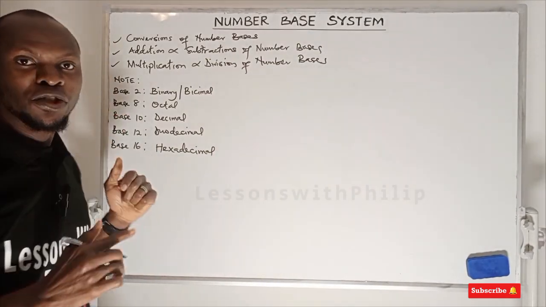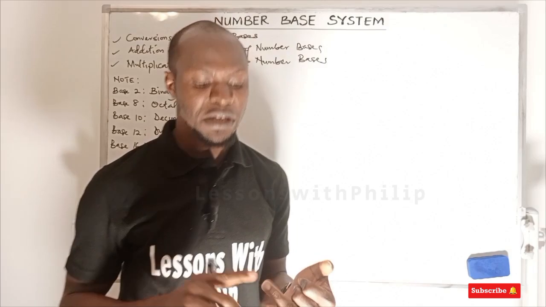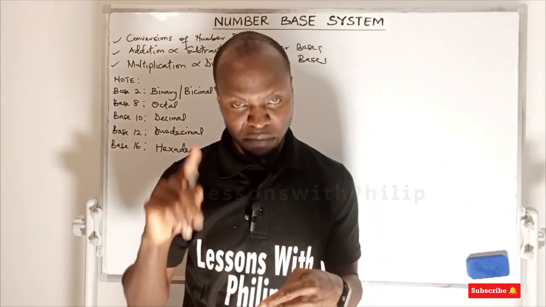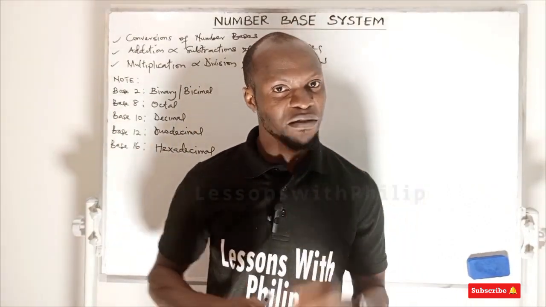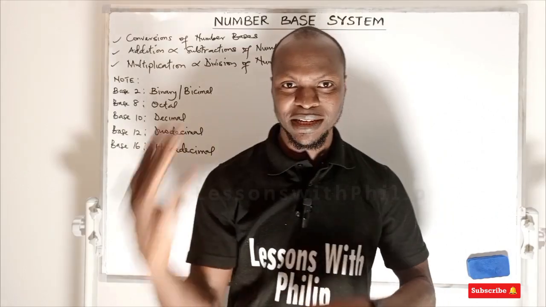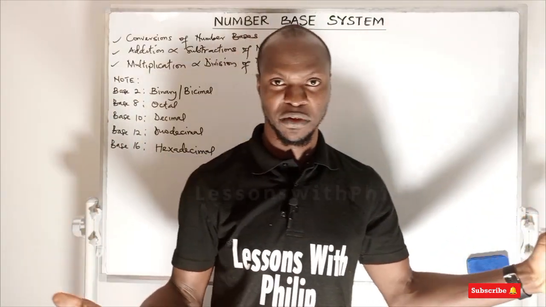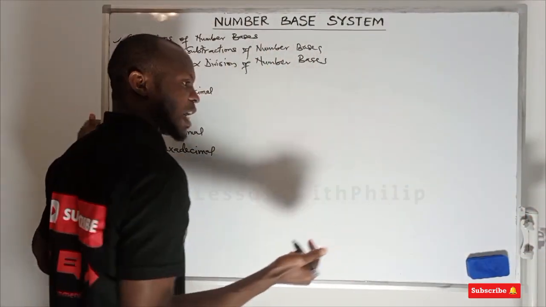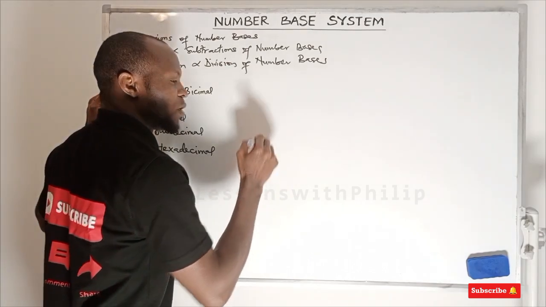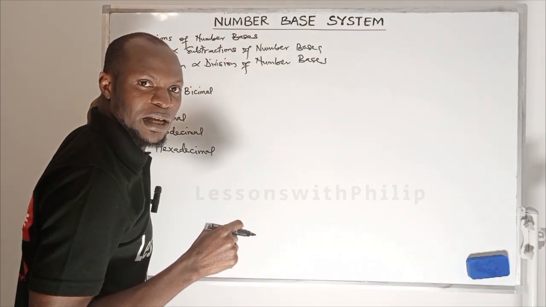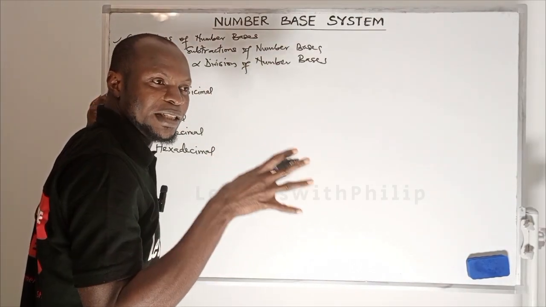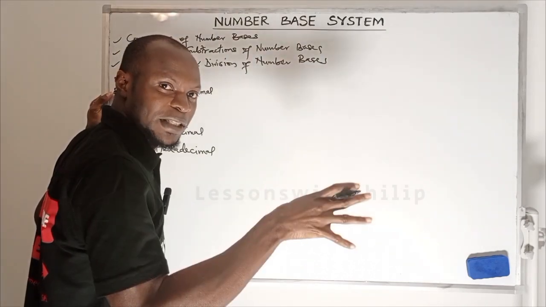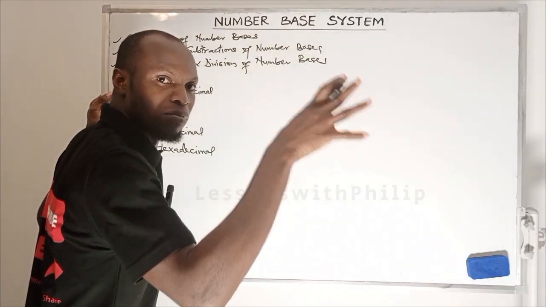Your numbers can be in base 2, base 3, base 4, base 5, and so on and so forth. The number can be in any base. But take note, if your number is in base 6, then the digits of the number cannot be up to 6.